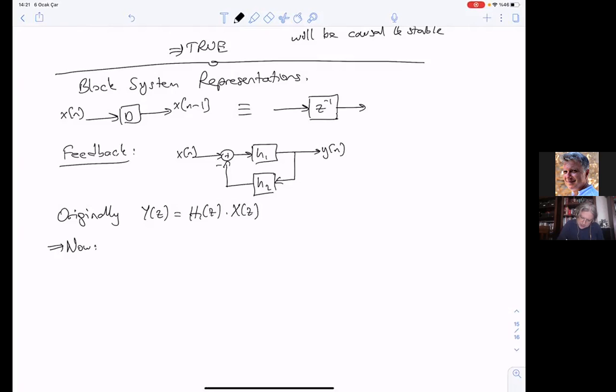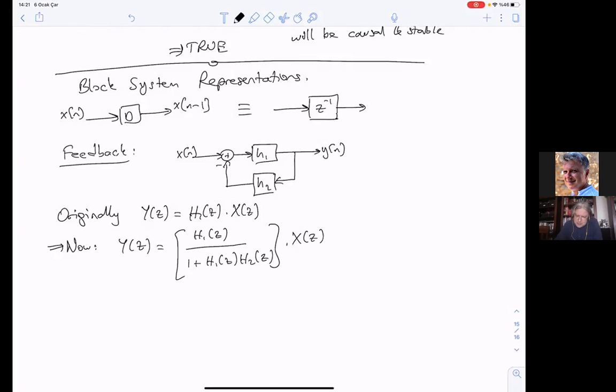Maybe I should write it again. Y of z is equal to, in a large parentheses, h1 of z divided by 1 plus h1 of z times h2 of z, times x of z. And the way to come up with this formula is very simple.